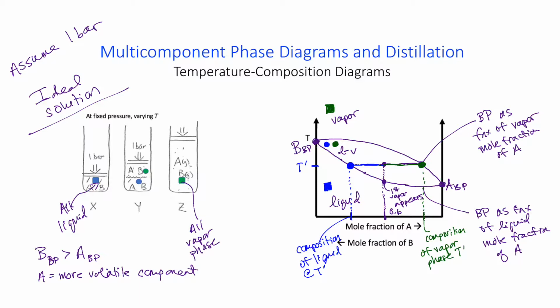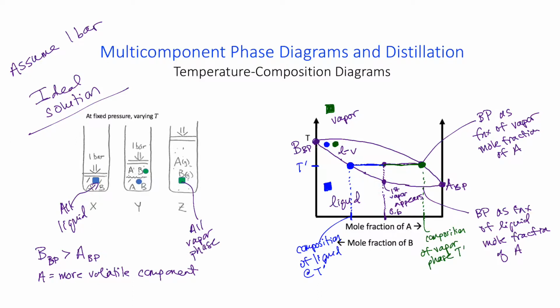Okay, so again, just following up as we go up at constant composition. Remember, we started at 0.6 mole fraction in A. As we heat up, here we've reached the point where we start to form our first vapor.